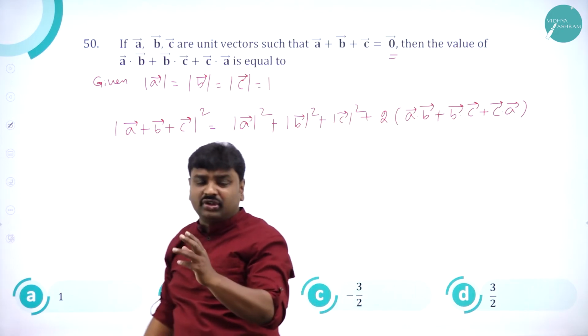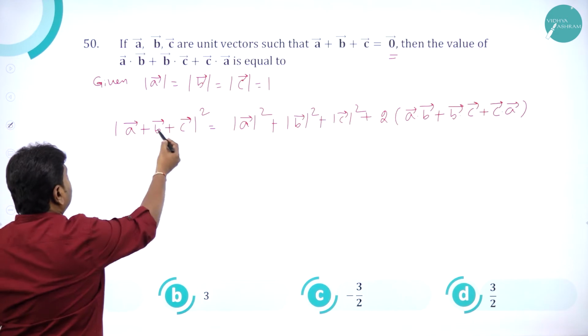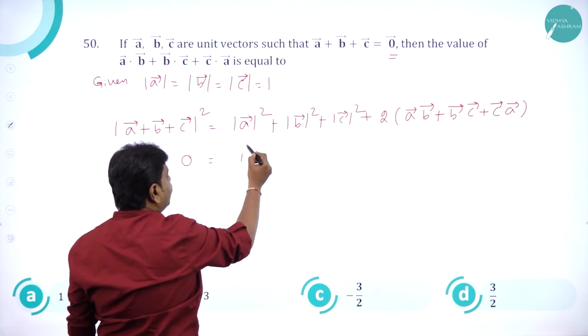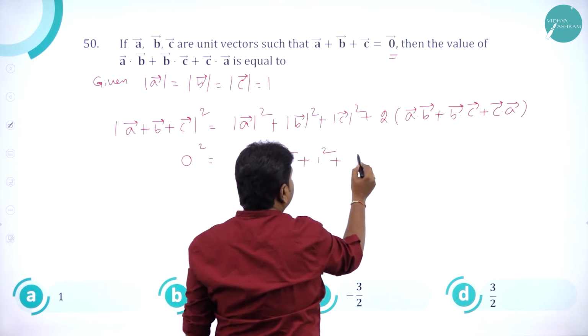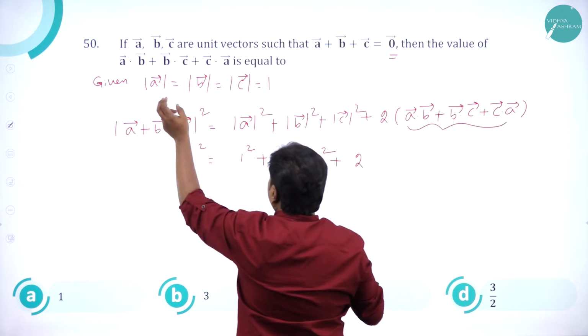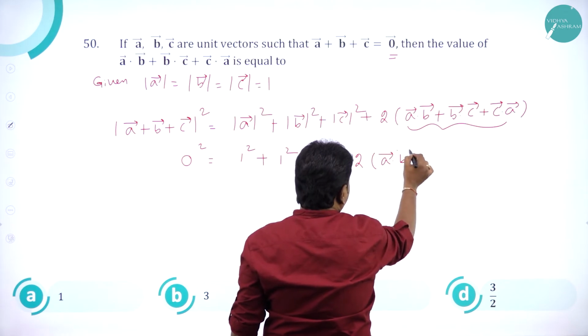A plus B plus C is the 0 vector means what? A 0 vector is one whose magnitude is 0. So therefore magnitude of A plus B plus C is 0, and 0 square is also 0. This will be 1 square, 1 square, 1 square. We want this value: 2 times A dot B plus B dot C plus C dot A.